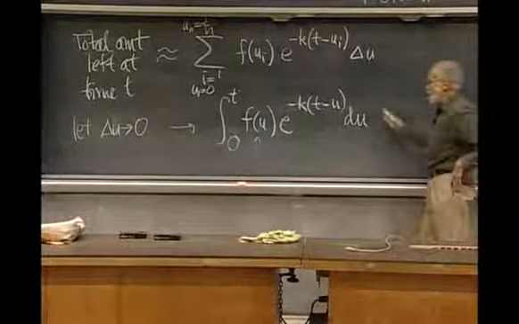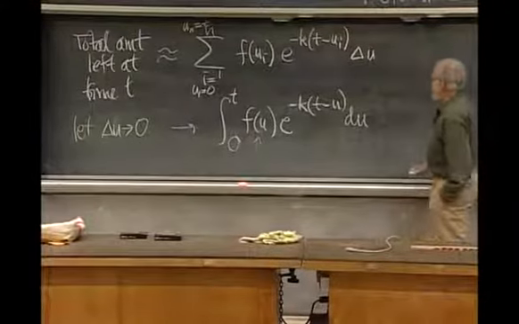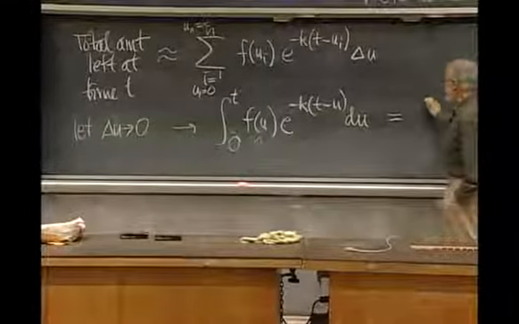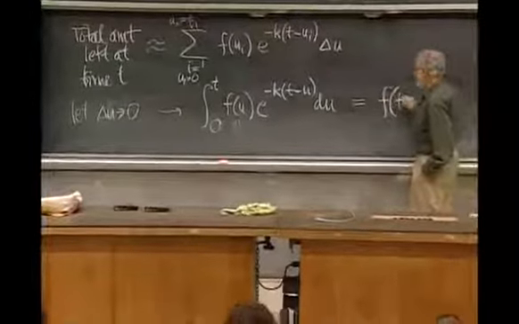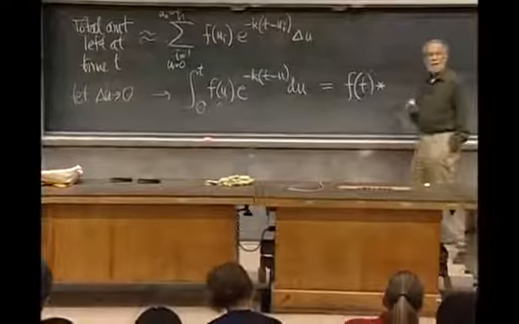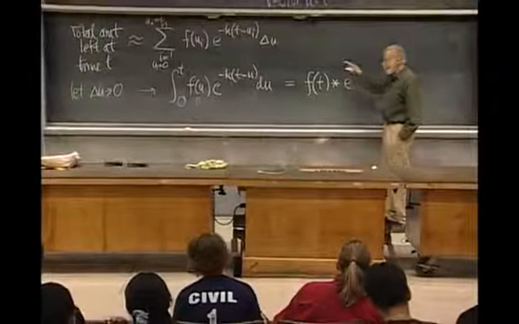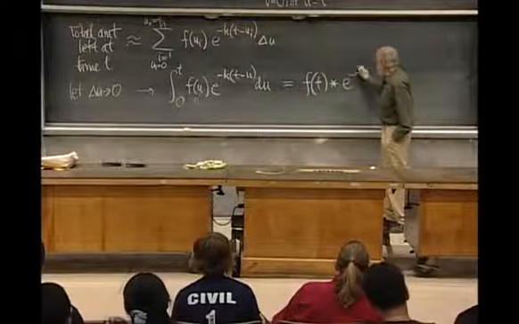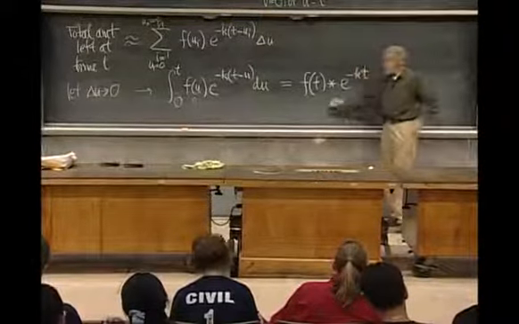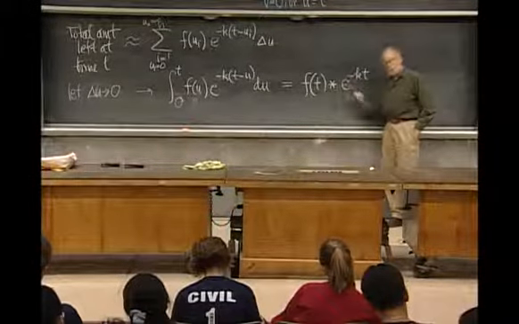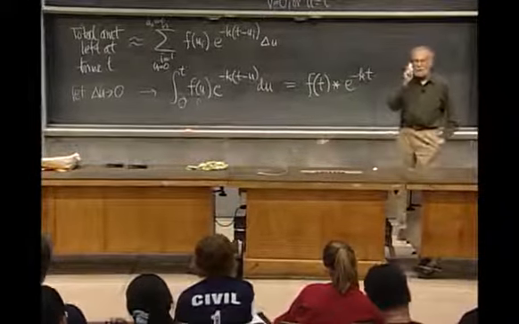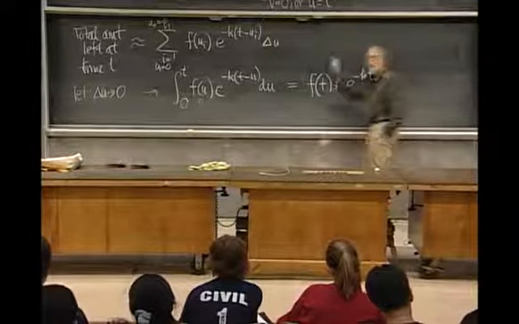And this total thing represents the total amount, and what is it? It's the convolution of f of t with what function? e to the minus kt. It's the convolution of the dumping function and the decay function. And the convolution is exactly the operation that you have to do.